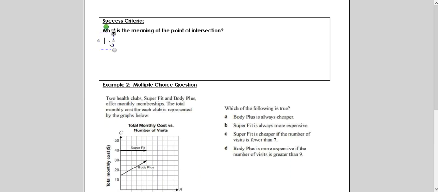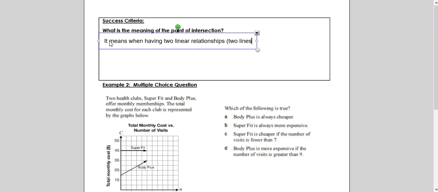It means when having 2 linear relationships, basically 2 lines, that share a common point.